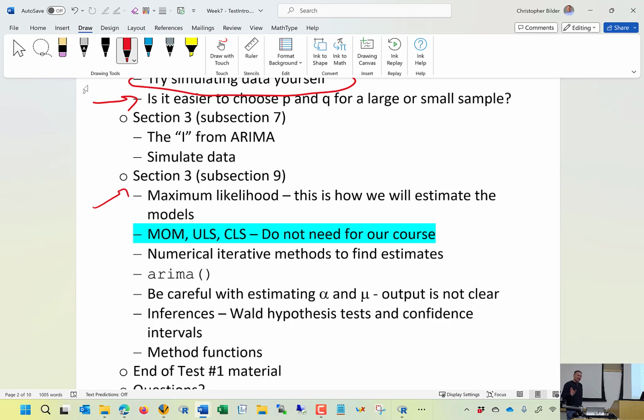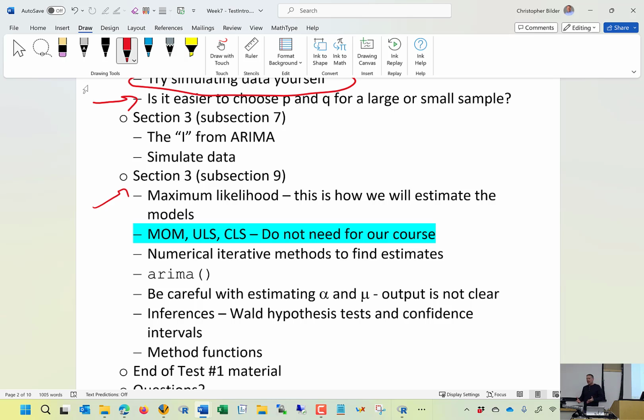They are used much less nowadays. If they are used, especially what's called conditional least squares, CLS, it's used basically just to get, let's say, initial estimates for the maximum likelihood estimation routine.